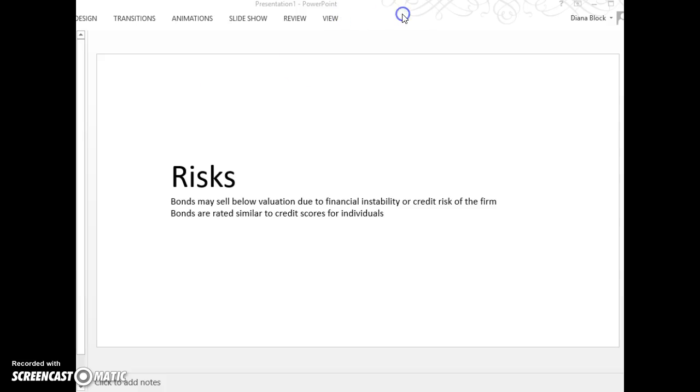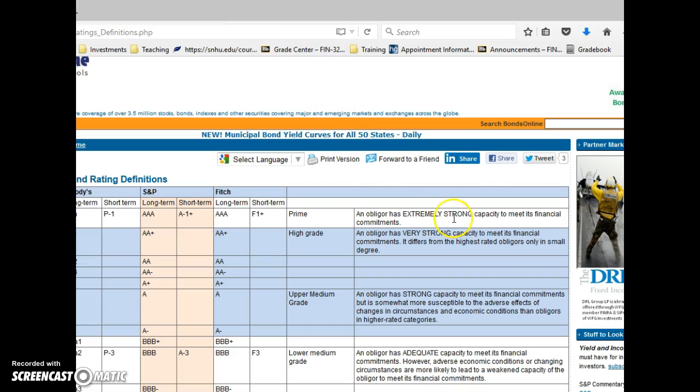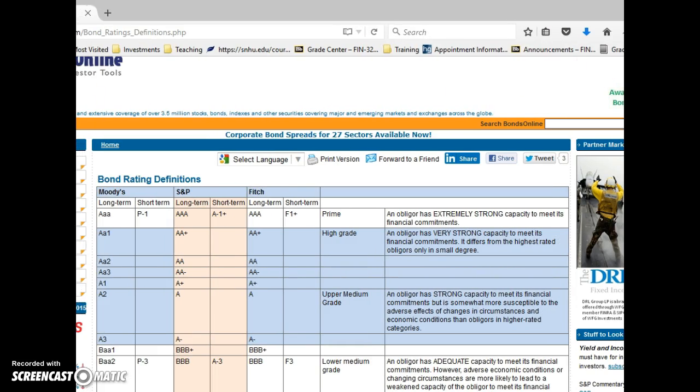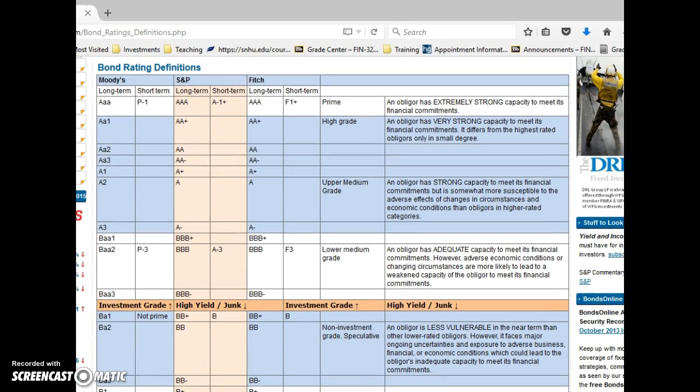So I'm going to show you this website. This is from Bonds Online, but what I want to show you is the ratings for bonds. You've got Moody's and S&P's are the two main bond rating services, and then also some people use Fitch.